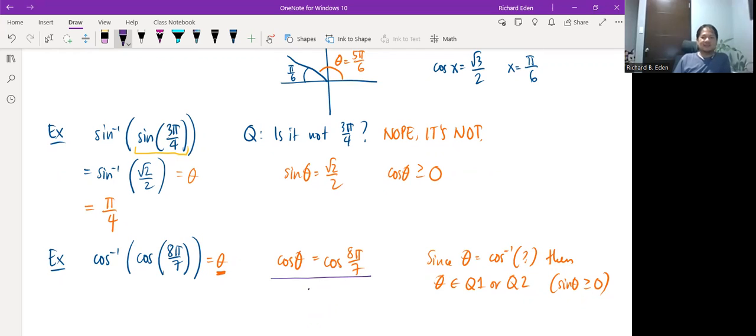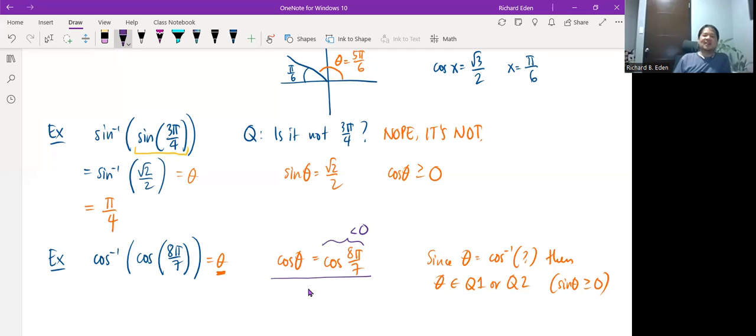So the x should be the same. The cosine of 8 pi over 7 is negative, so it should be in the second quadrant. How do you know this is negative? Because it dips into the third quadrant where the x is negative.